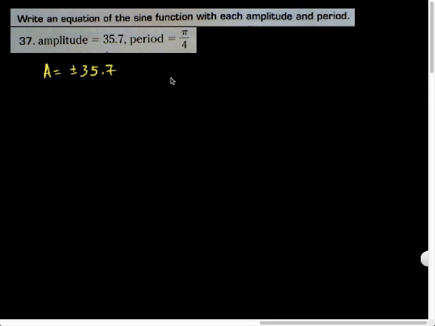If the period's pi over 4, well, I know that my little period formula is P equals 2 pi divided by K. So I want to figure out what this K is going to be. So in that formula, I'm going to plug in pi over 4 for the period. Equals 2 pi divided by K, right? So I've just plugged in what I know and I'm solving for what I don't. And then to solve this, you could cross multiply, you could flip both sides.